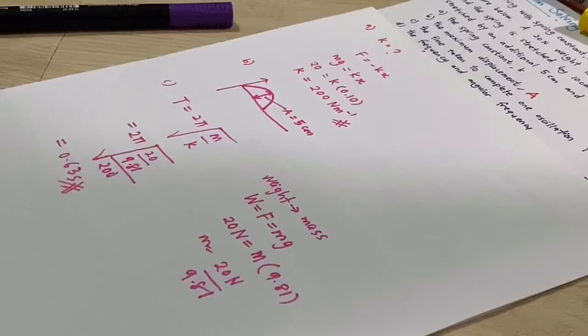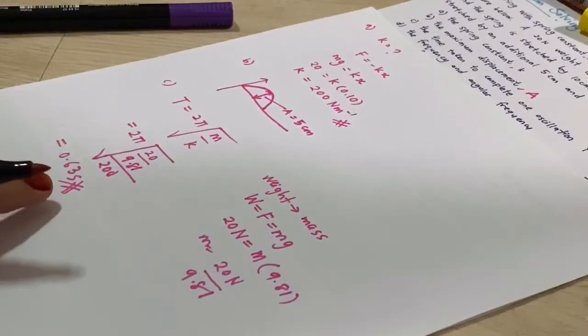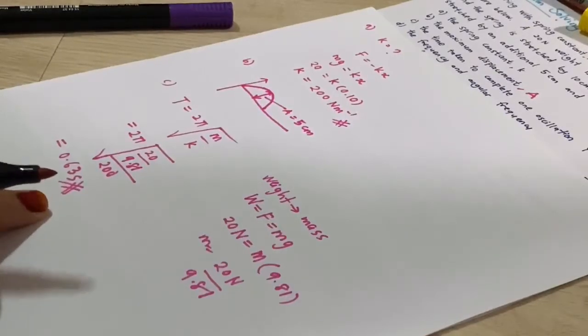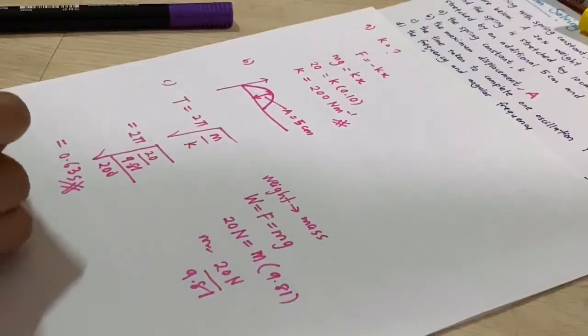Next, the frequency and the angular frequency. Since we have the formula for period, or the time, we can find the frequency by substituting into the formula.